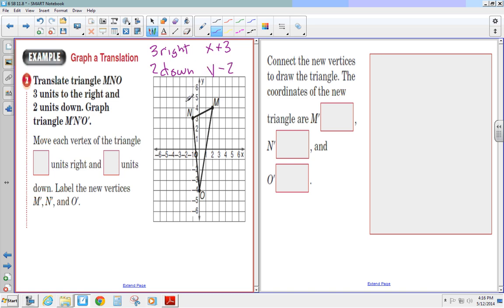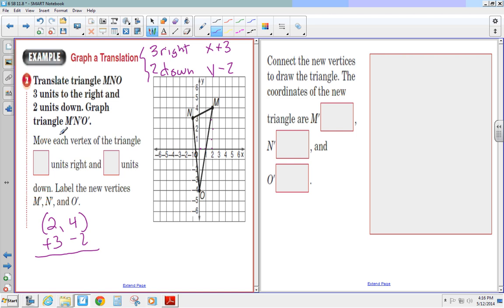So you can look at the points themselves, and we'll start with M. According to this information we wrote up here, 3 right means plus 3 to the x. 2 down means minus 2 to the y.